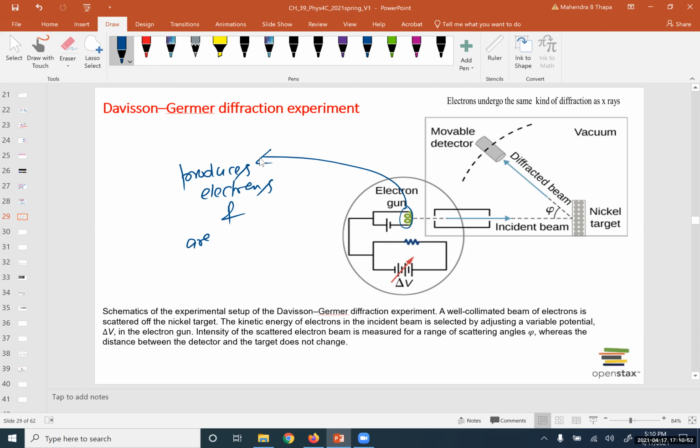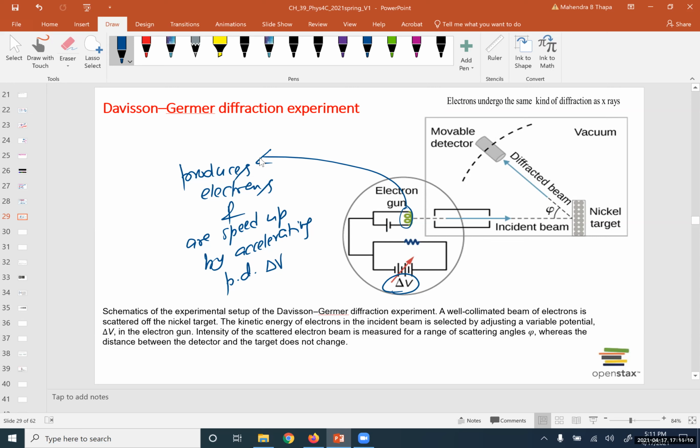These electrons are sped up by an accelerating potential difference, delta V. The whole system is called the electron gun.